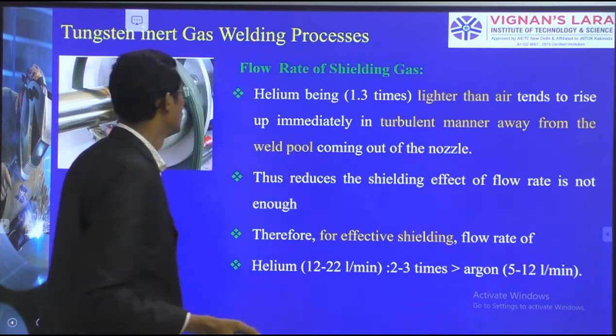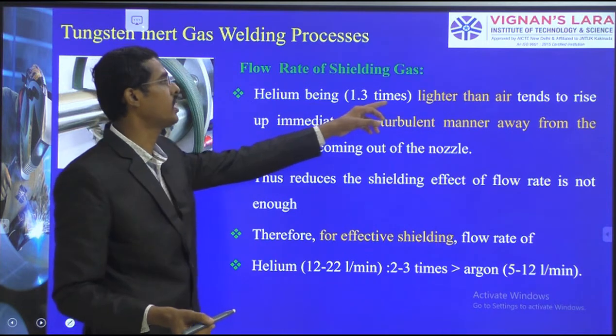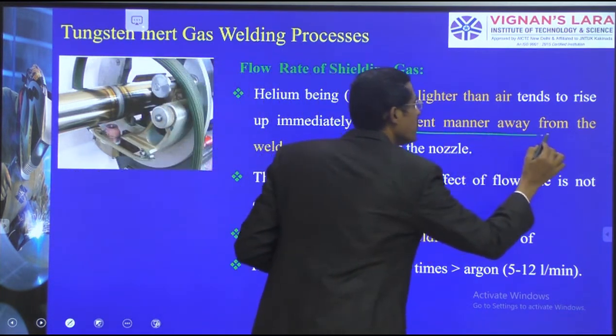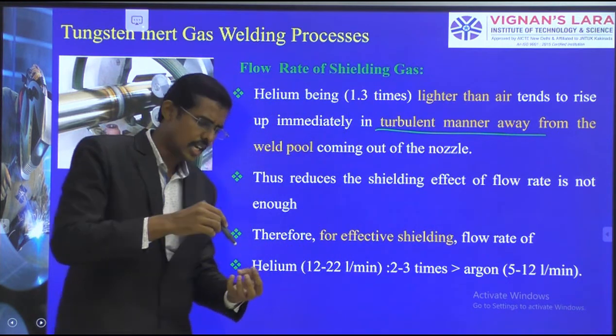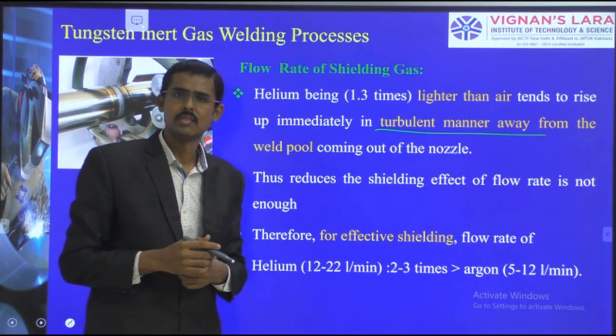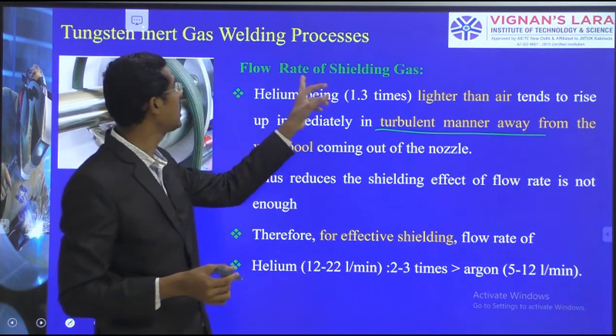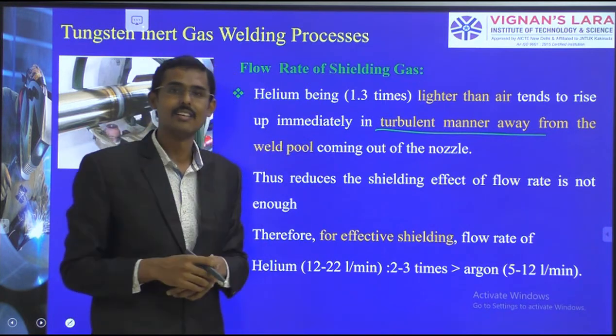Helium is 1.3 times lighter than air, so turbulence may happen immediately. It tries to move in the upward direction, therefore turbulence will form and contaminations will be there. So helium has to be given at a higher rate.